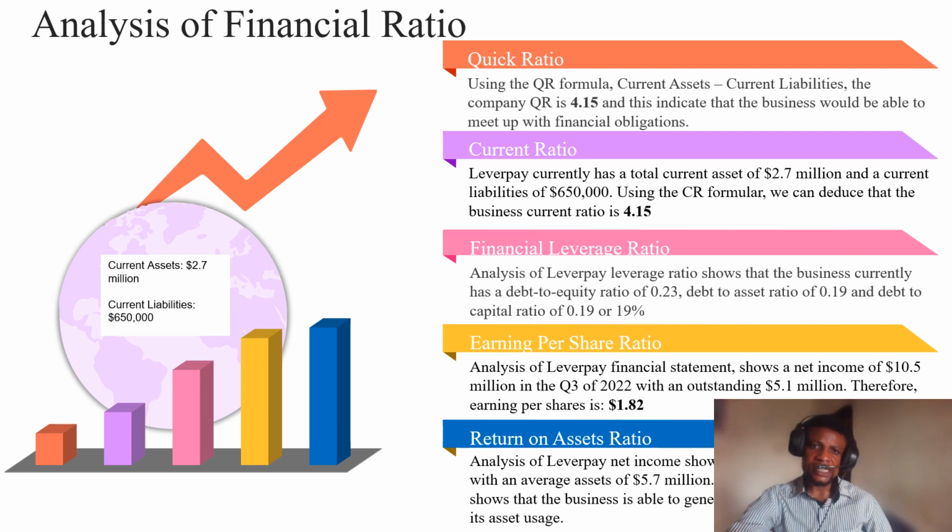Another important financial ratio to consider is financial leverage. Analysis of Liverpool's leverage shows that the business currently has a debt to equity ratio of 0.23, or 23%, a debt to asset ratio of 0.19, 19%, and a debt to capital ratio of 0.19, or you can say 19%. Now, what does this help us to do?